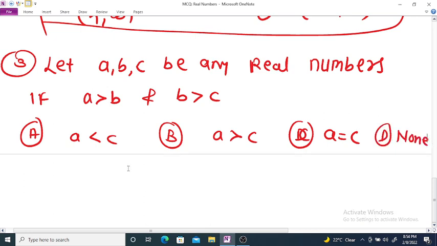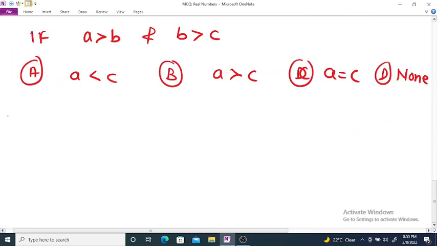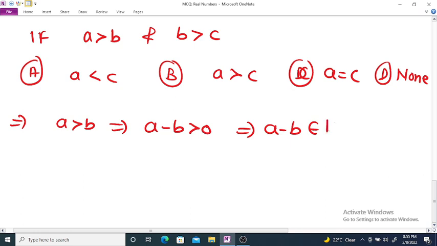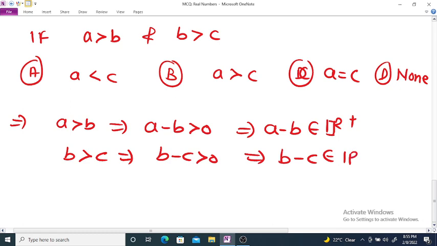So here a greater than b implies a minus b is greater than 0, so a minus b is a positive real number. Similarly, b greater than c implies b minus c is greater than 0, so b minus c is also a positive real number. We know that if a and b are positive real numbers, then their addition is also a positive real number.